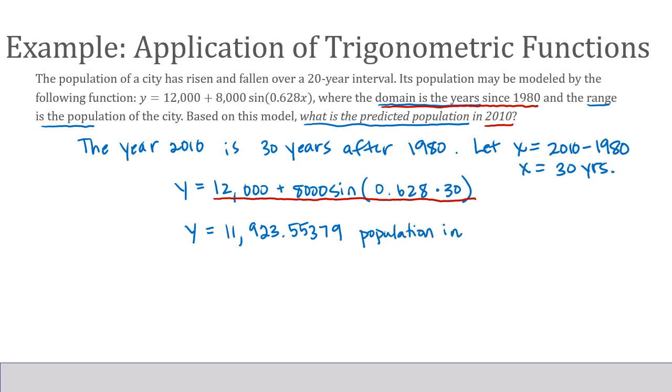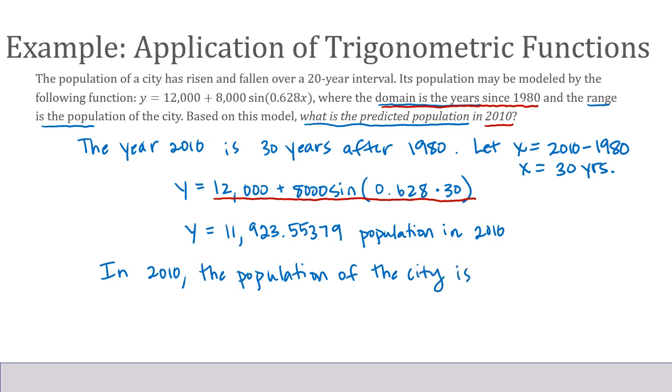in 2010. Now, I don't think it makes sense to have a partial population. So I'm going to make a decision to round to the nearest whole person, and I'm going to say that in the year 2010, the population of the city is approximately 11,920.